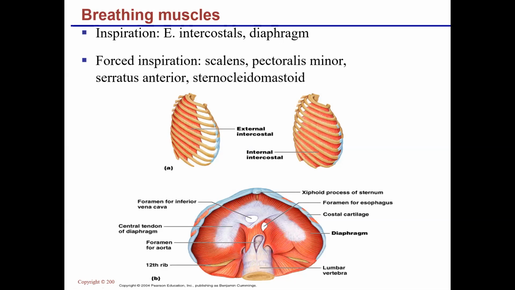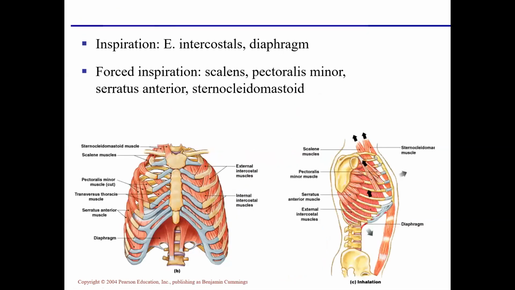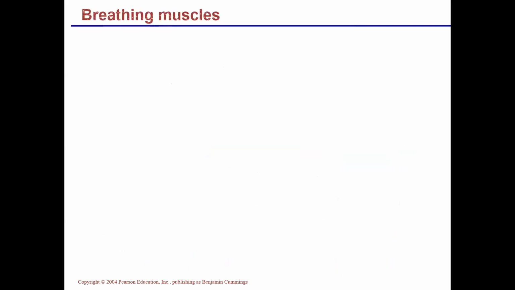Then you have a pressure difference between the atmosphere and the thoracic cavity. This pressure difference allows the air to move from a higher pressure point to the lower pressure point, so air will flow in. That's inspiration. This part of the process is listed in your book, so you may want to read that part again.